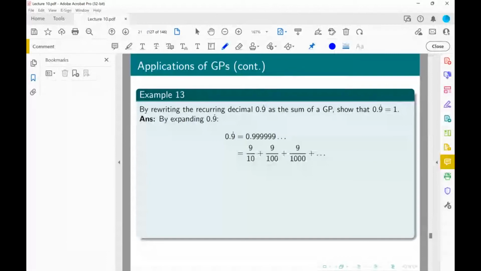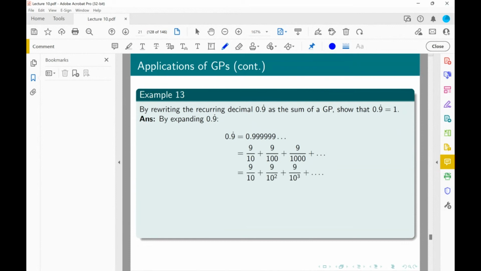What's a and r in this case? a is 9/10, r is 1/10. Do we agree with that, everybody? We're not doing trick questions, at least not here. Yeah, so a is 9/10 and r is 1/10.